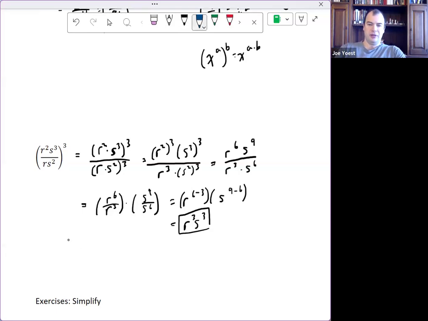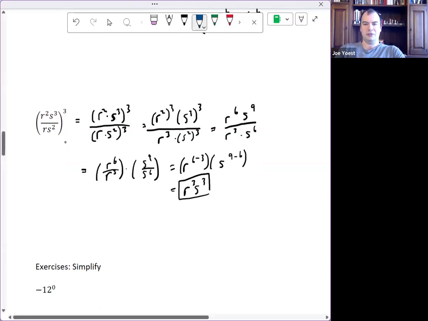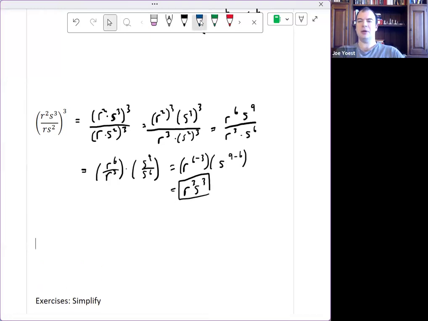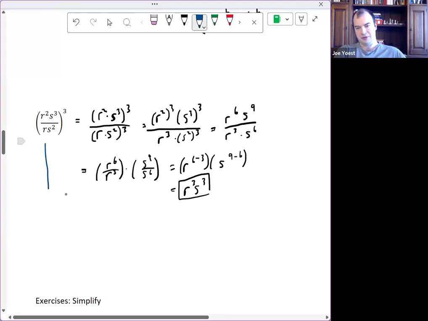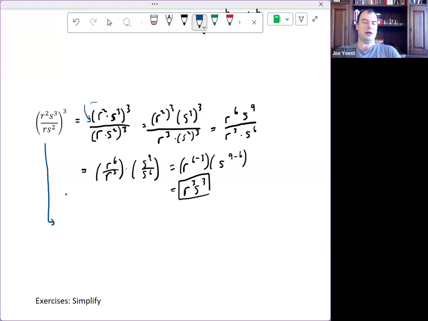I could actually make life quite a bit easier for myself. Let me try to get a couple more lines down here. I can make life quite a bit easier if I look at this problem and say, okay, before I start breaking things apart and applying exponent properties, can I simplify things a little bit first? So let me take another look at this problem. r squared s cubed over r s squared, all to the third power.